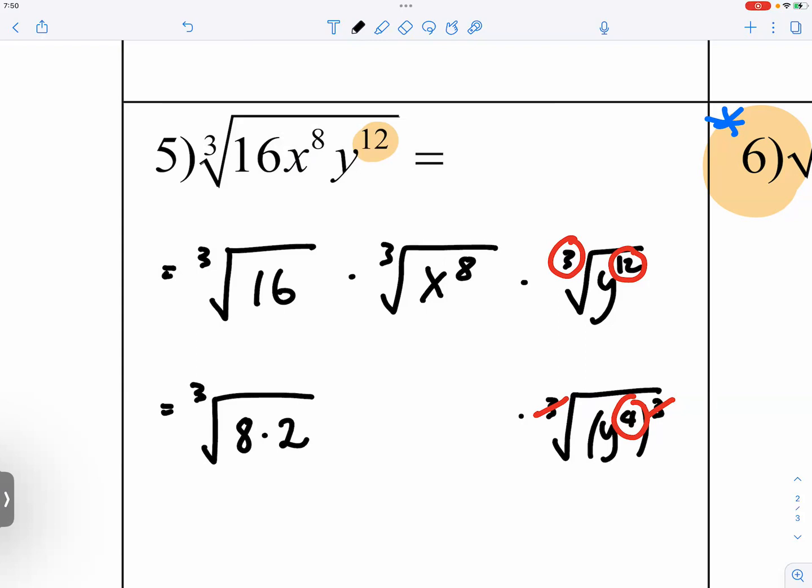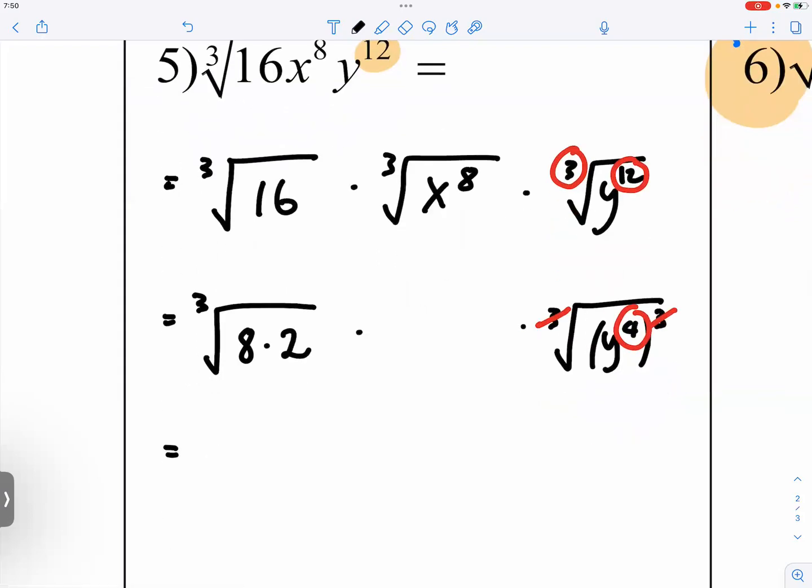And then look at the x to the 8th power. Well, 8 is not a multiple of 3. But you know what is? 6 is. So you can change the way you look at x to the 8th so that you have x to the 6th power and x squared.